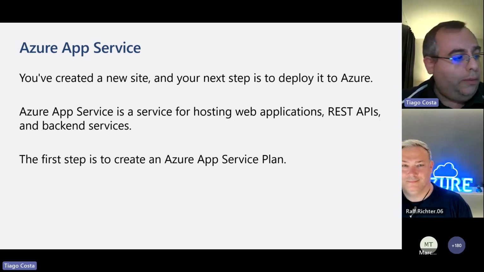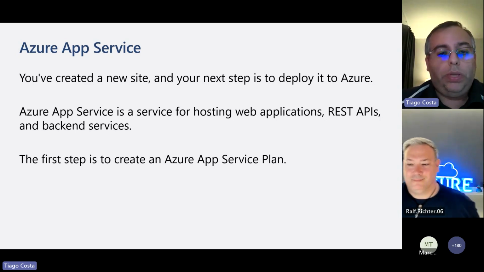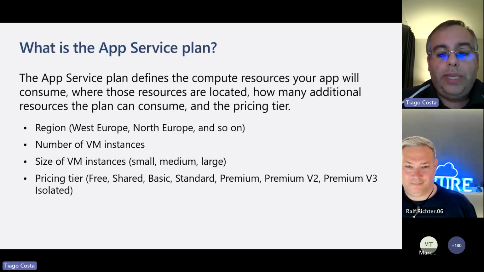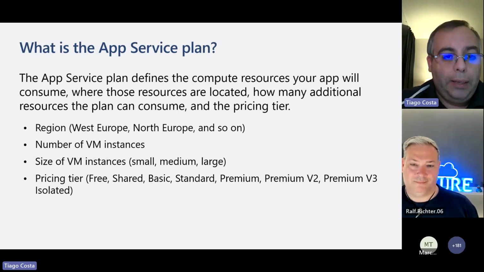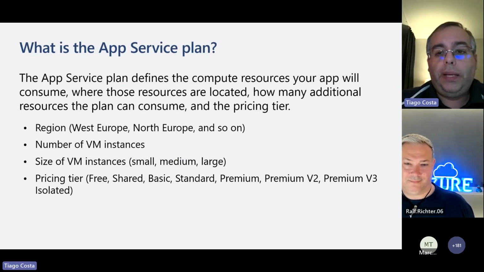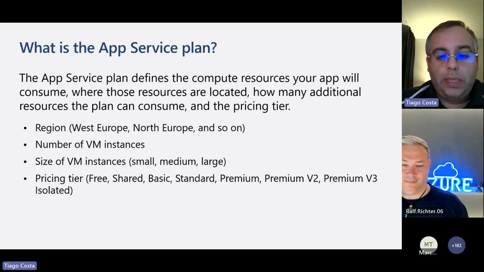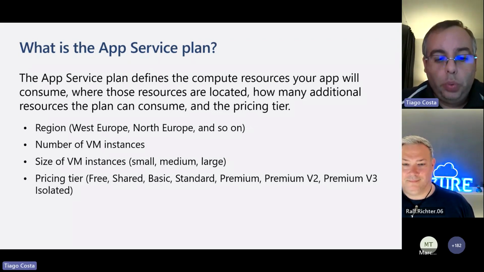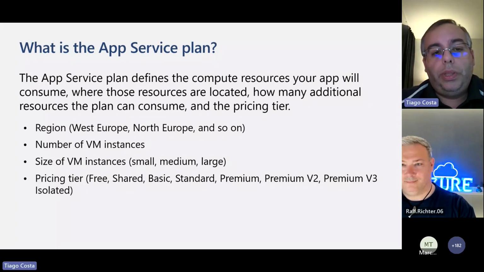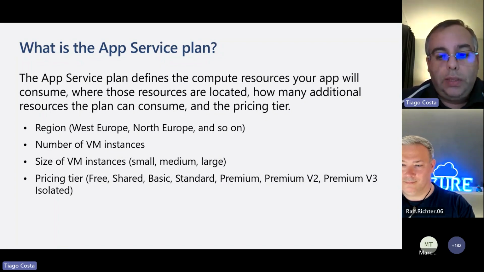But there's one thing. First step, we need to create something called the Azure App Service Plan. This is the plan that will define all the compute resources that our app will be able to consume, like how many CPUs you're going to have, how much RAM you're going to have, in which region this is going to run.